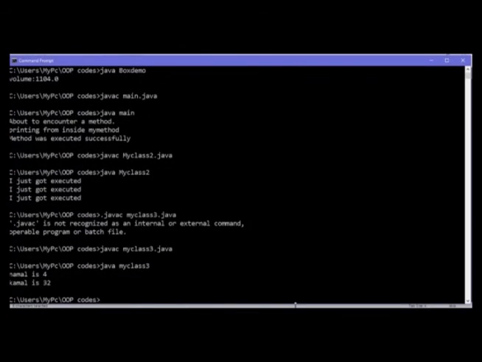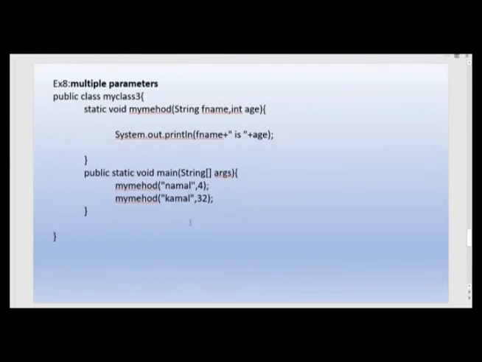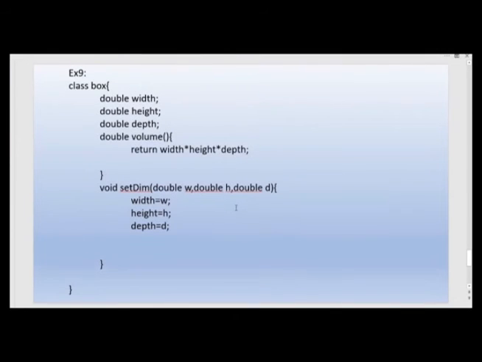You can see the output of this program. Normal is 4 and Kamal is 32. This is the output of this program. Now we move to the third example.